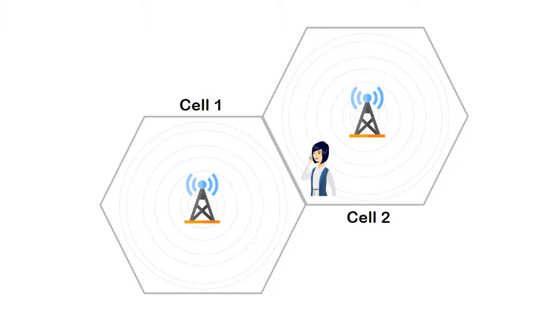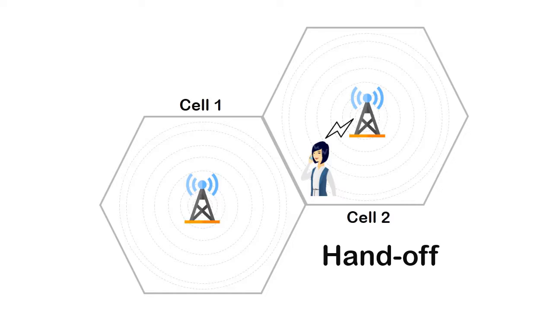The frequency needs to be allocated again, it needs to be reconfigured, the user data needs to be sent to the adjacent cell, and the adjacent cell needs to make sure that it has enough resources to keep the call process continued. Because by no means can any telecom company afford to have its users face call terminations when they are switching the cells. So this smooth transition from one cell to the adjacent cell is called handoff.